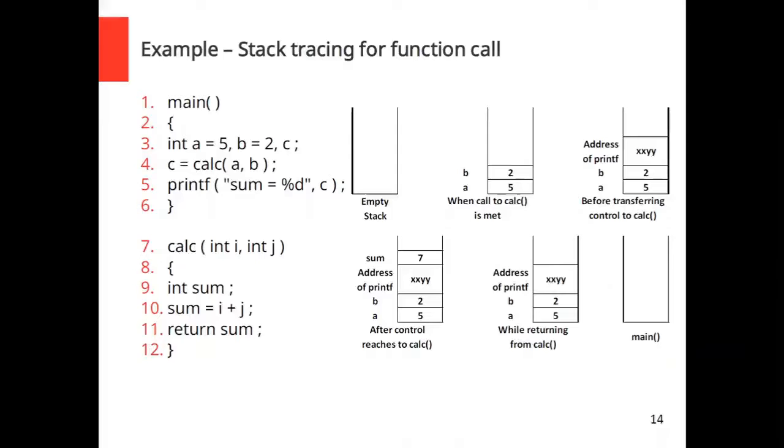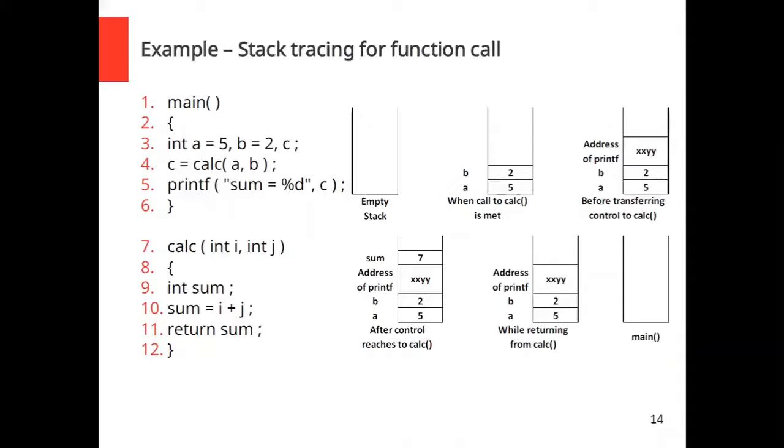Inside the calc function, the addition of the variables happens, and the value is assigned to the variable sum. Now we have to return the value to the calling function, so the value of sum is also pushed to the stack.